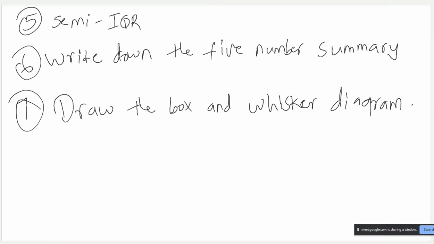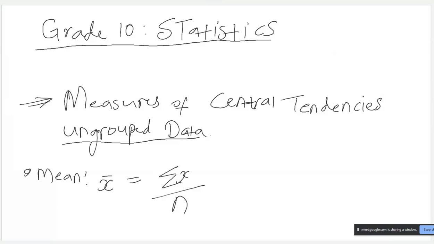Okay, so this means that I'm going to move to the next section, which is grouped data. In grouped data, here now we represent data in the form of a table, in the form of different graphs like bar graph, line graph, or histogram.